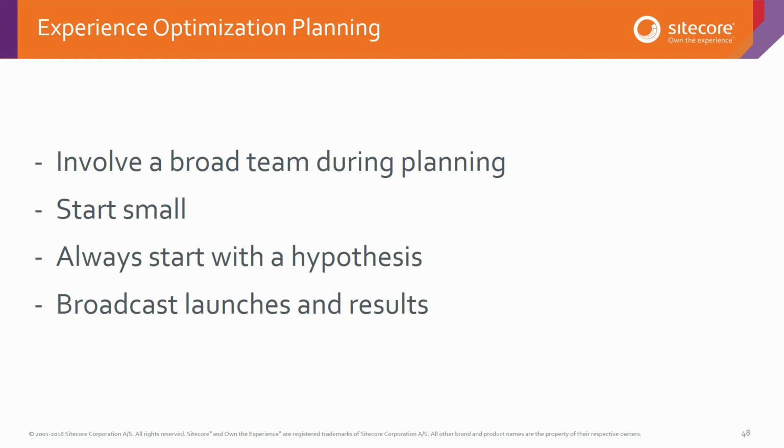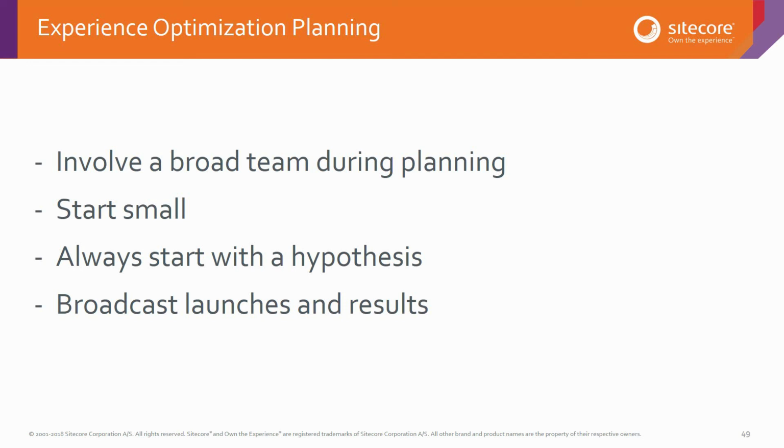It's going to make sure everyone trusts the data. And start small. Teams can experiment with anything from imagery to design and copy. But if you identify a few quick experiments and prove your results early, it can really build a case for continued investment in optimization activities.